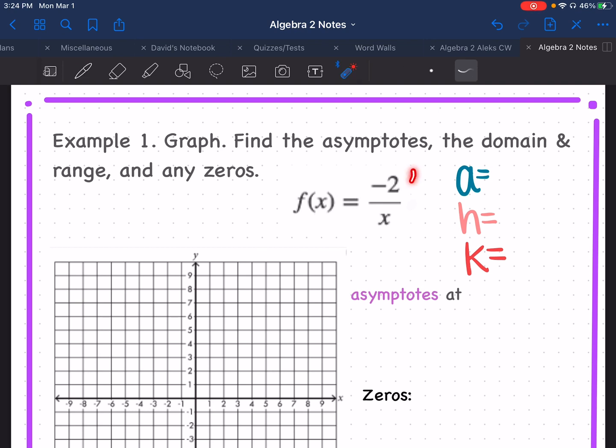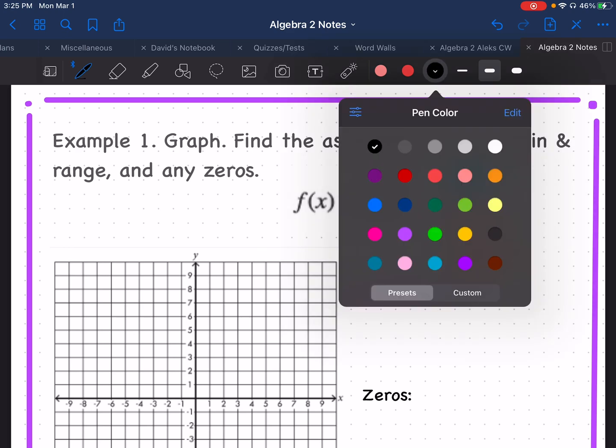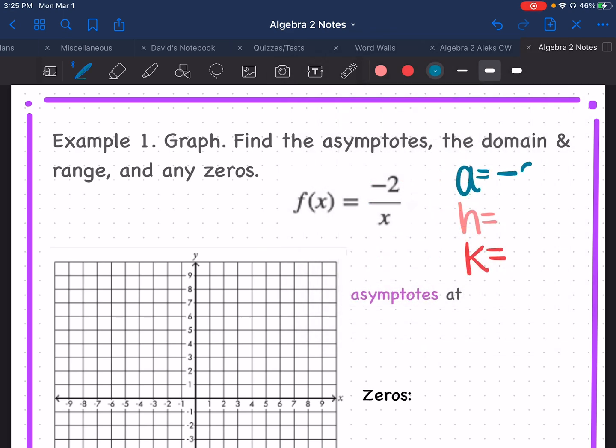So here is my function right here. And I don't need to go to Desmos right away. I can go ahead and start finding a, h, and k. So remember, a is always going to be this number that is on top. So my a is equal to -2.